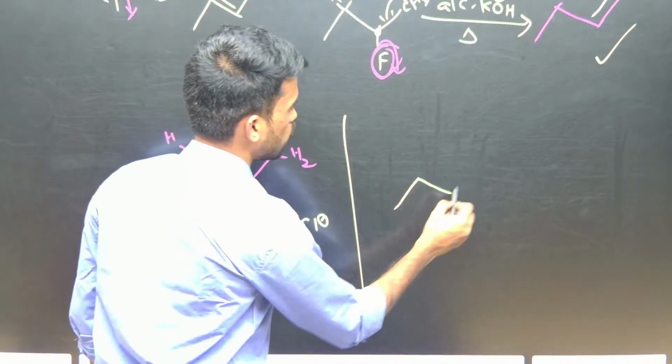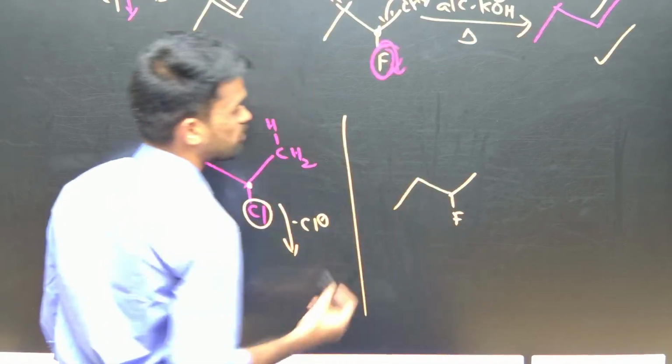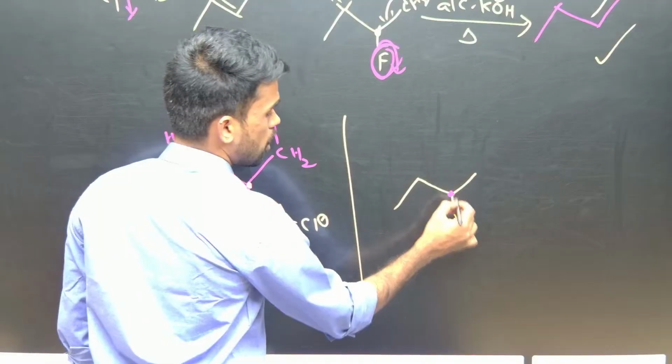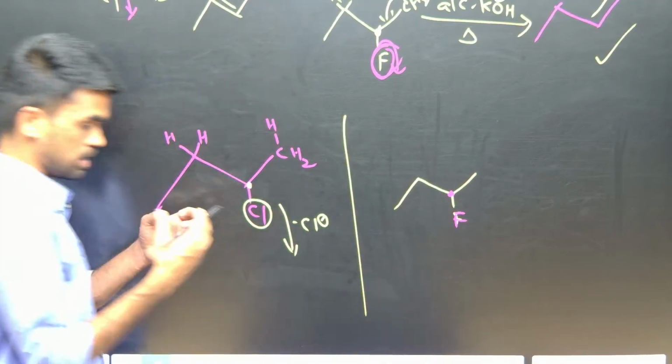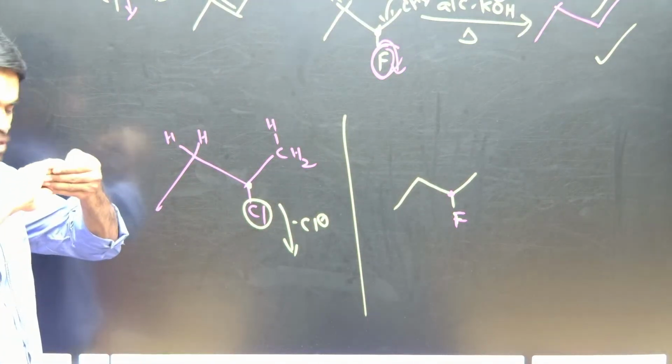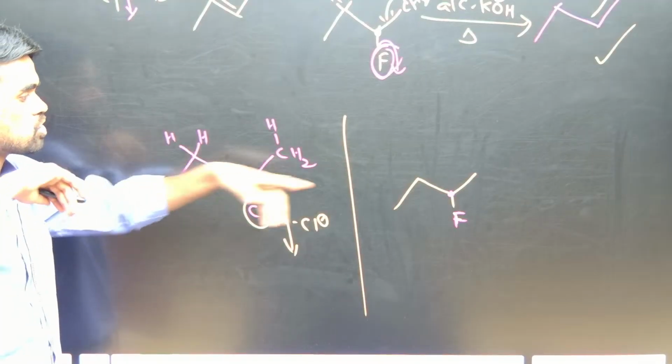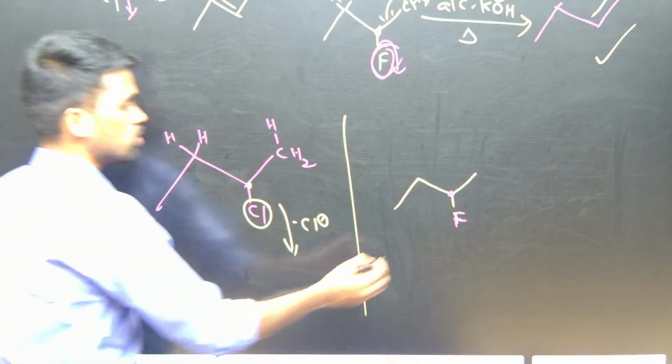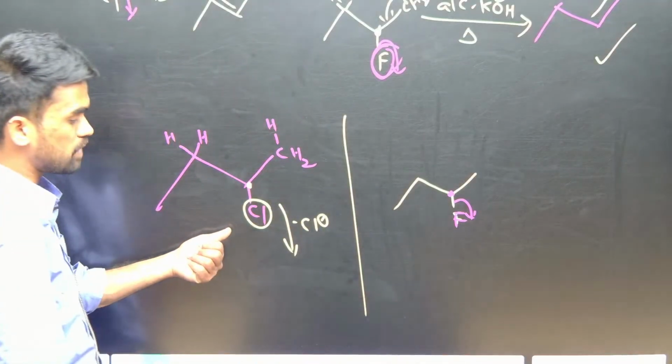But if I write fluorine in place of chlorine, the carbon-fluorine bond overlapping will be very effective because of similar sizes. So the bond is stronger, and it won't come out easily as we saw in the case of chloride.